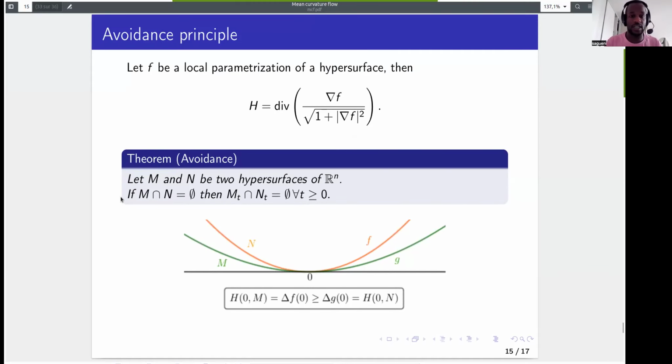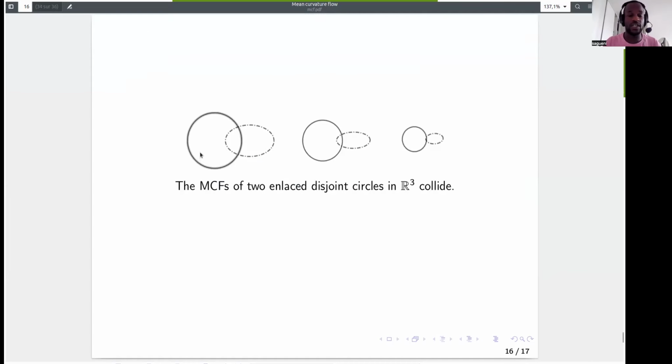A counterexample can be easily constructed. We just take two interlaced disjoint circles, and let them evolve. The circles in R3, or any dimension, are going to evolve as if they were evolving in R2.